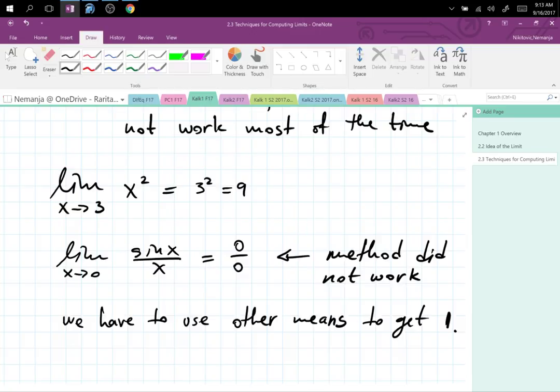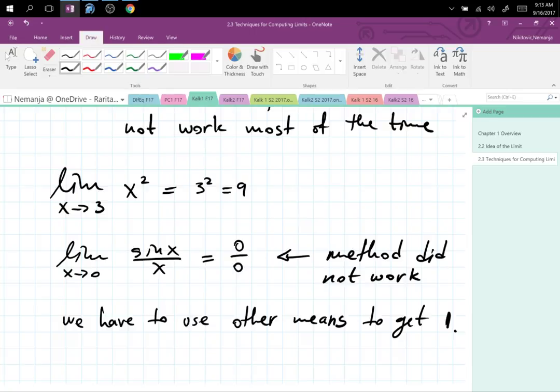Most of the time, when you plug in your value x, you will get some form of 0 in the denominator. You might get 0 over 0, you might get infinity over infinity, you might get all of these different combinations that we will see later on. And those simply say the plug-in method doesn't work, you have to use something else.